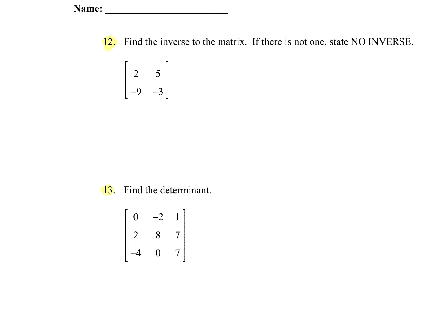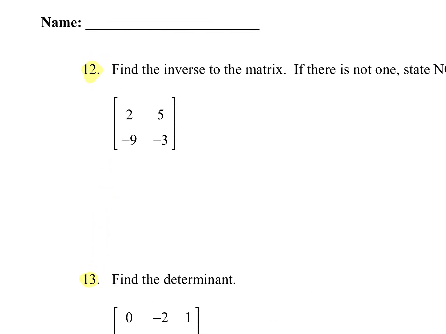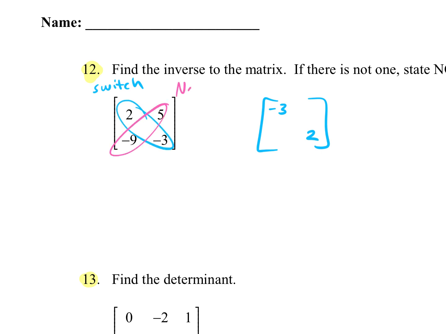For 12, let's find the inverse. So to find the inverse, we switch the majors. So we switch the positions there. So it'd be negative 3 up top and 2 on the bottom. And then we negate the minors. So negative 5. And since it's a negative 9, we change it to positive 9.